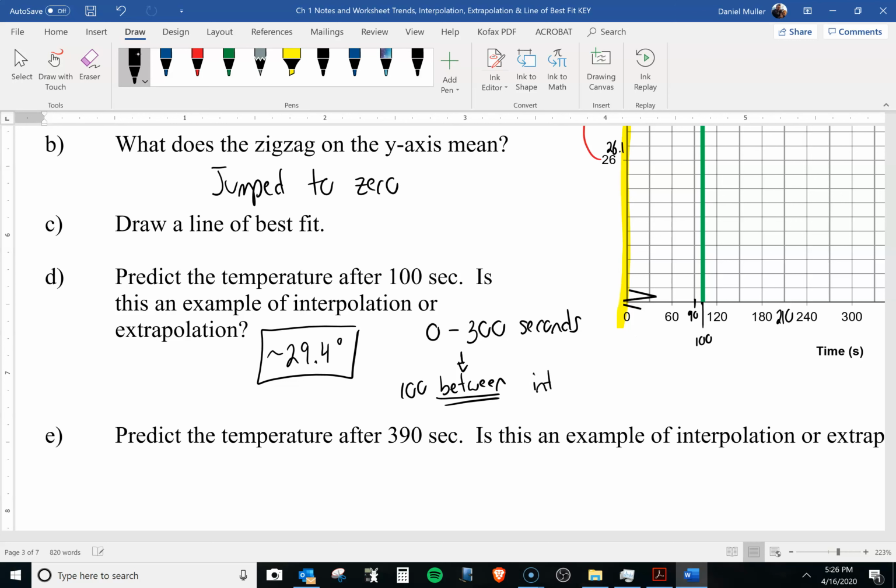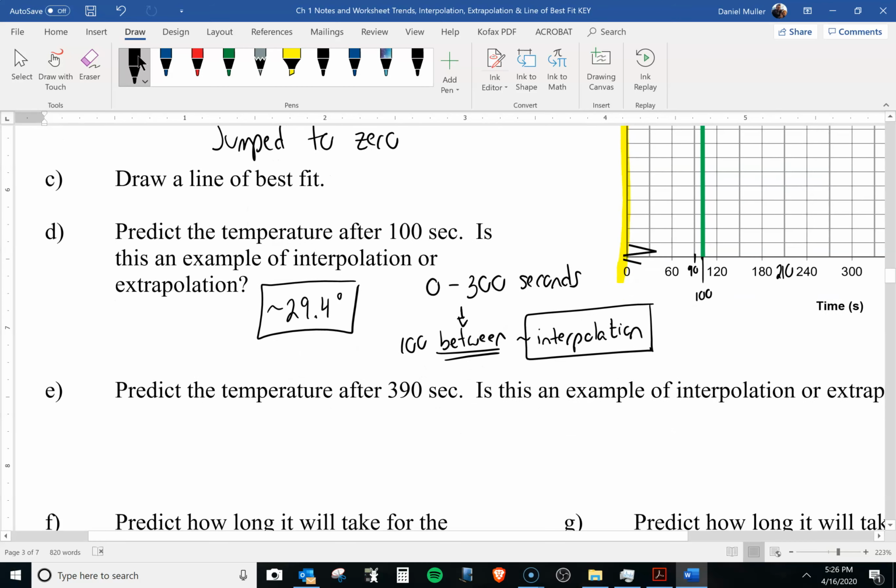Therefore, it's interpolation. Now, if we found something over 300, then that would be extrapolation. This is interpolation.